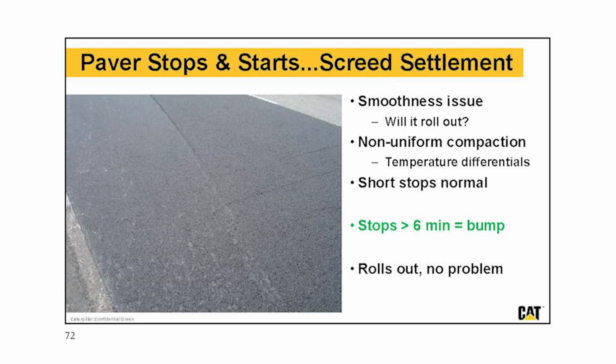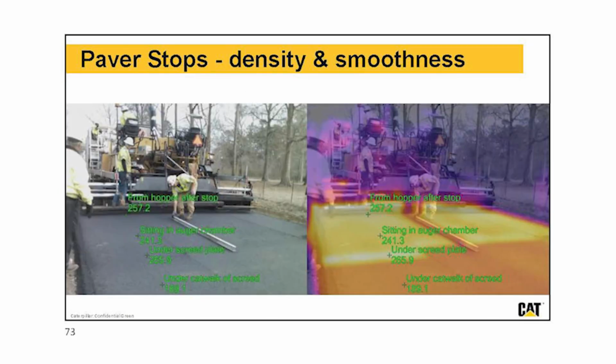We've generally found more than about 6 minutes sitting there, you're probably going to have some effect on your IRI. It may not be terrible. Depends on the weather and the temperature and all that stuff. But there's a good old thermal image again. A long paver stop.